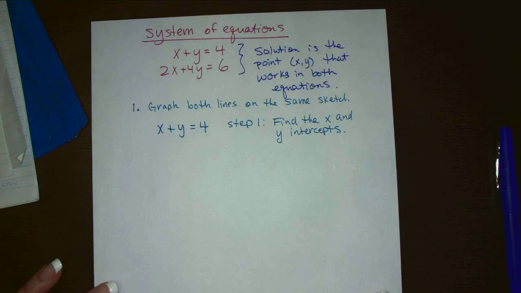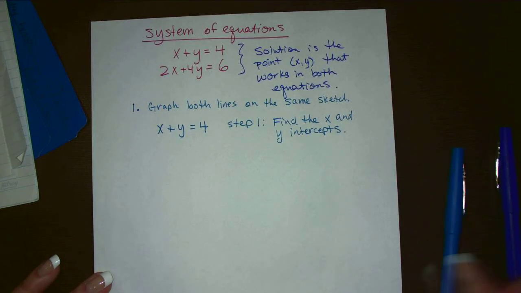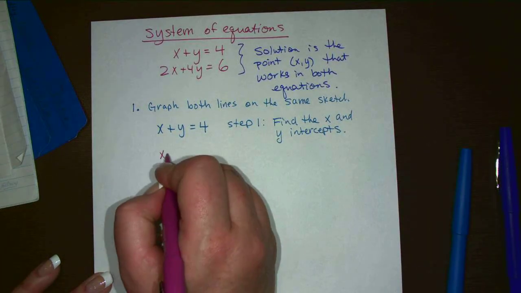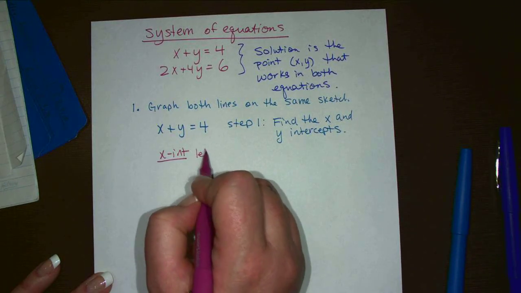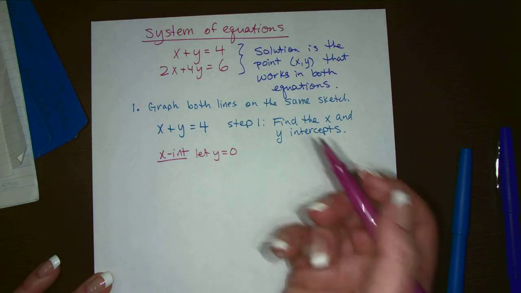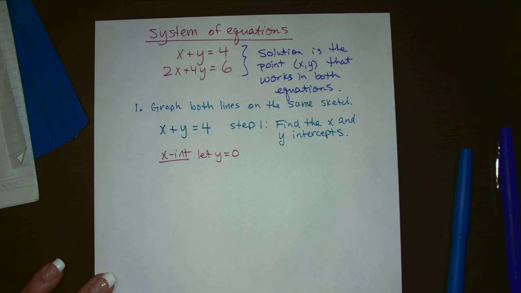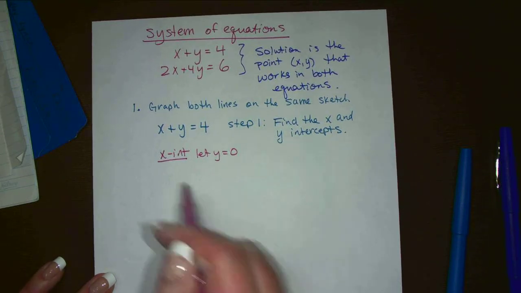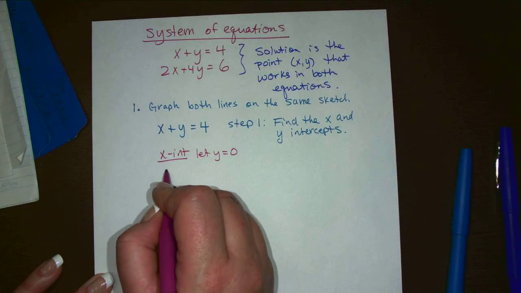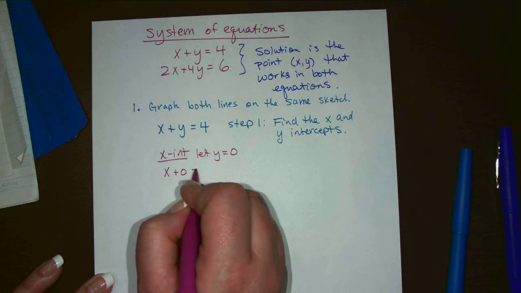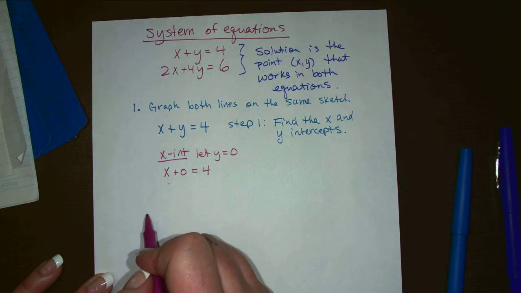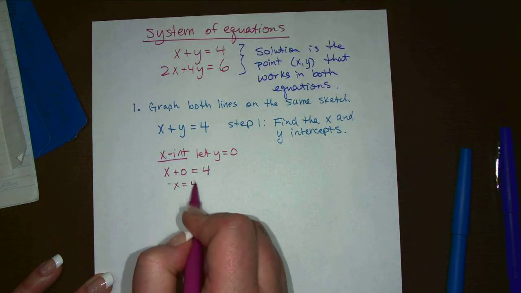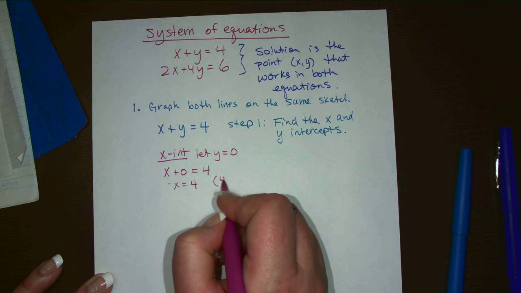Okay, so to find the x-intercept, we're going to let y equal 0 because the x-intercept's on the x-axis, so we don't go up or down to get to that point, so y equals 0. So we just plug that in. If y is 0, then we put a y as 0 in here and we get x equals 4. So our x-intercept is x equals 4 and y is 0, so that's that point.